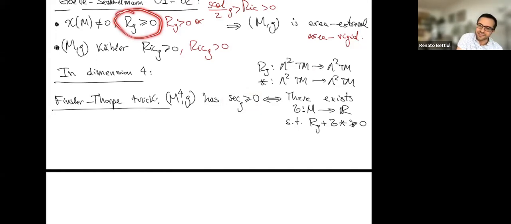Go to Semmelmann, have this extremality result under the assumption that the full curvature operator is positive semi-definite. Maybe if you have this kind of perturbation of it being positive semi-definite, you can still get something. And that's exactly what we do. So let me state the first main result.